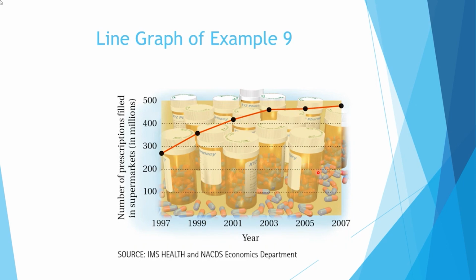And then also a line graph. Line graphs are typically used to show change over time. And here you have the years and then the number of prescriptions filled. So you have different ways that you can graph the data.